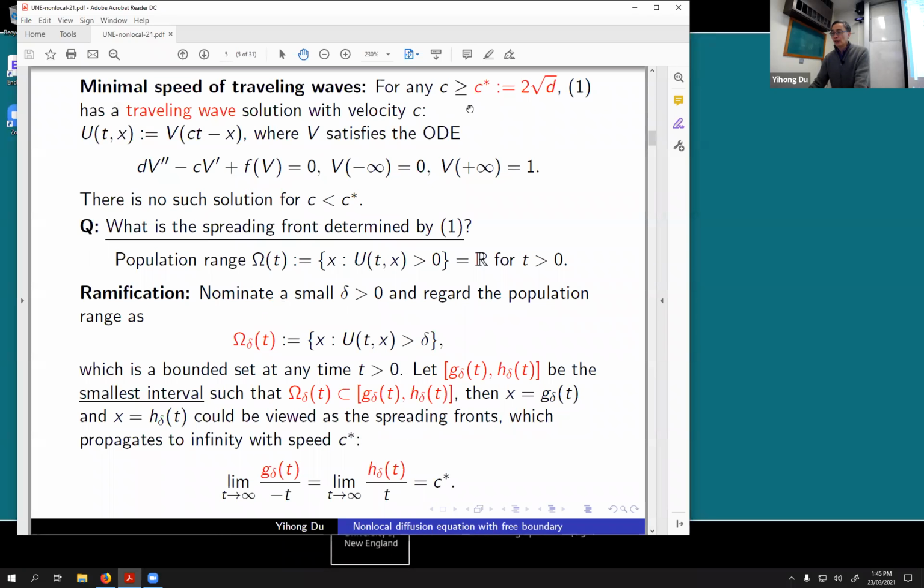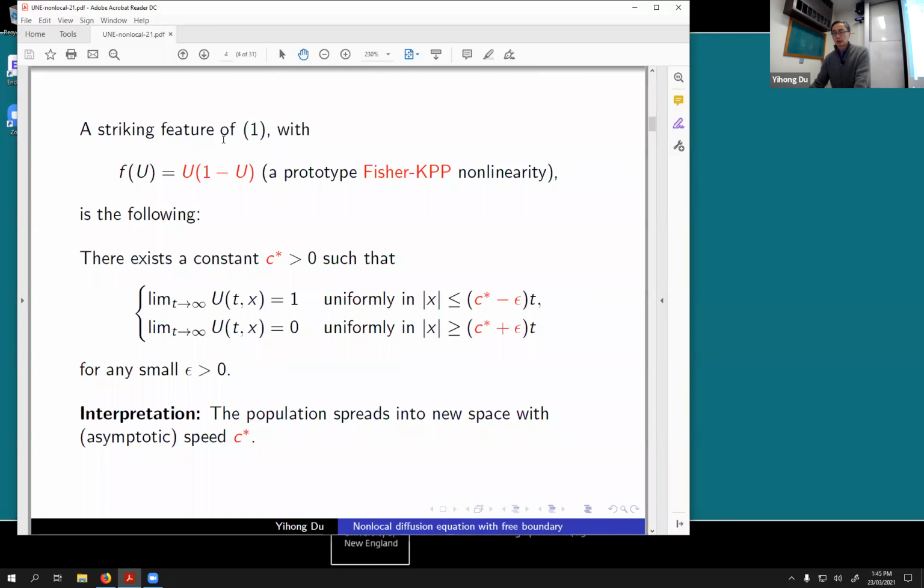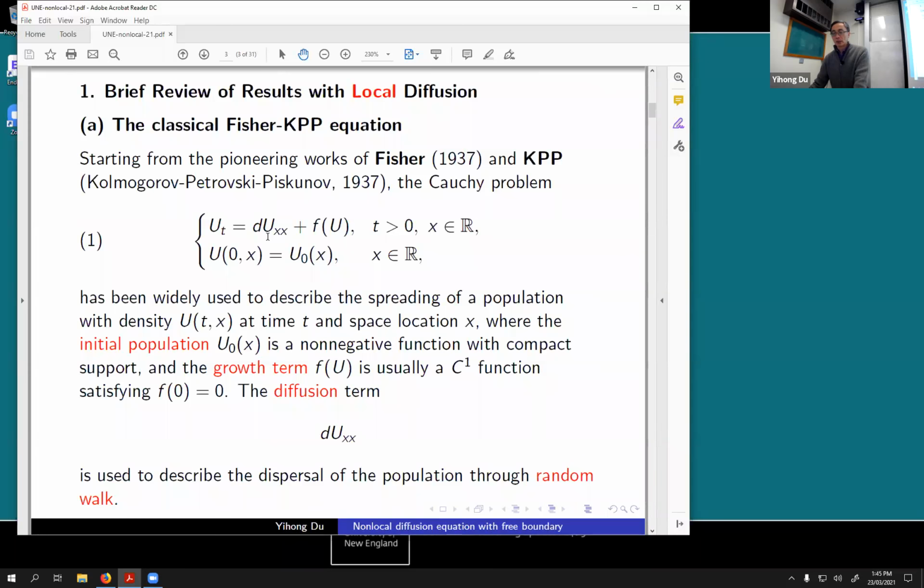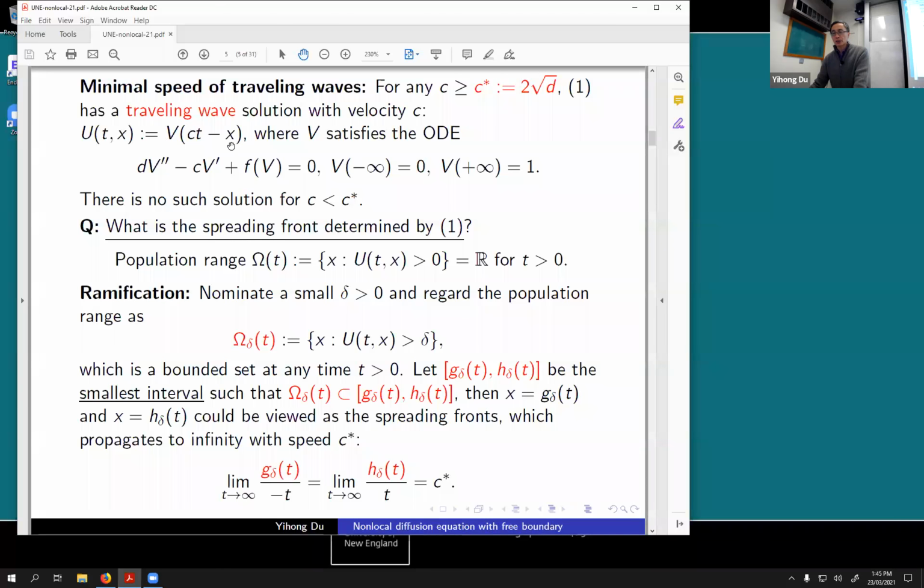So how to find this C star? Well, in both papers, they try to find a self-similar solution for this original PDE. If you look for a self-similar solution of this form, that PDE reduces to an ODE. And then you add appropriate boundary conditions at minus infinity and positive infinity for these self-similar solutions.